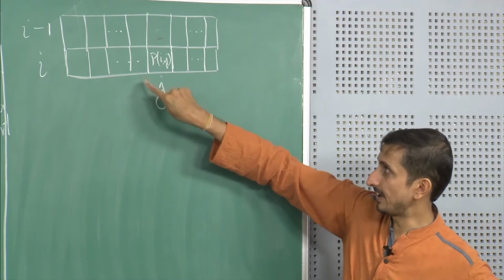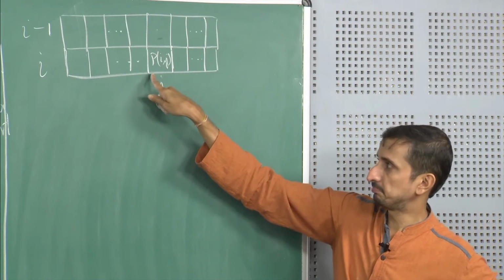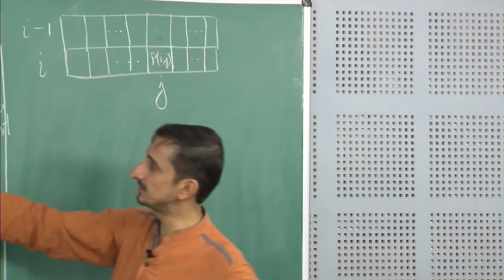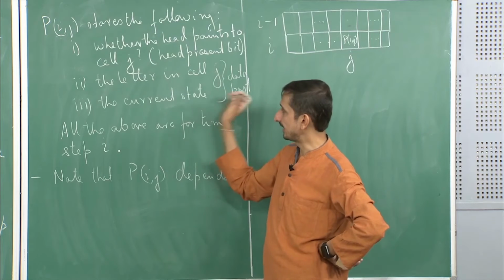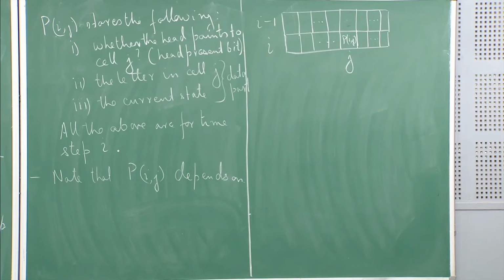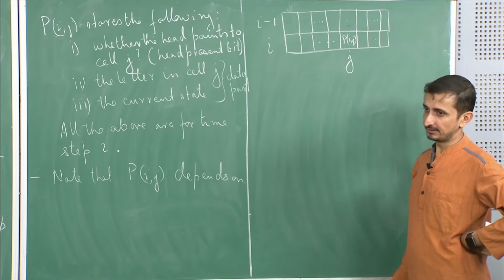No, so if I have to decide what will be the contents of this cell, I have to set three things: the current head position, the current letter, and the current state. What does it depend on? Suppose the head is pointing to some position over here.